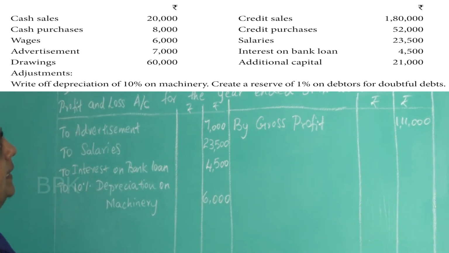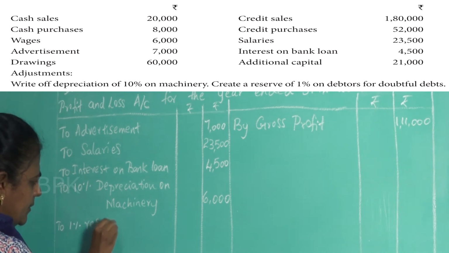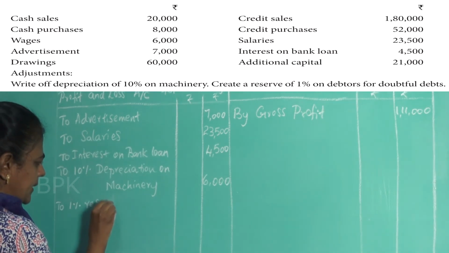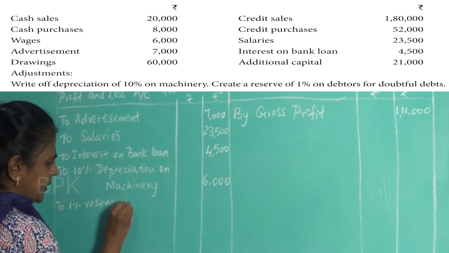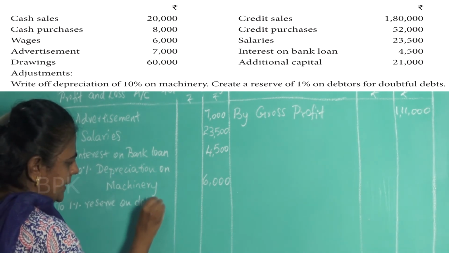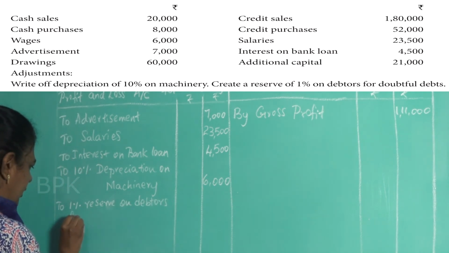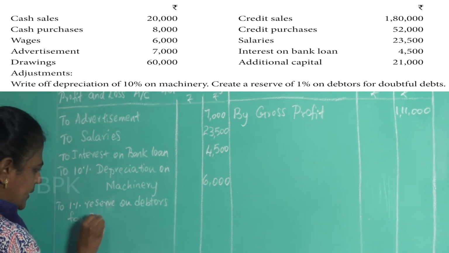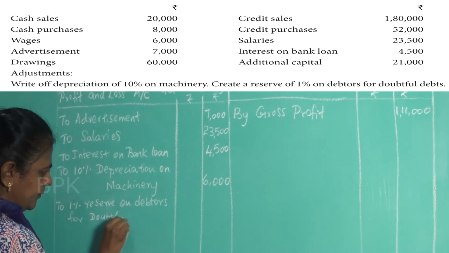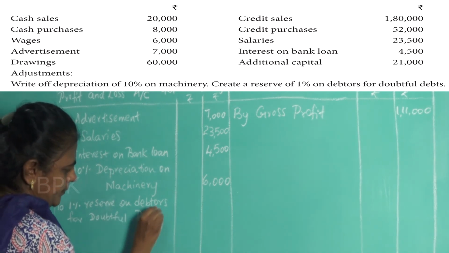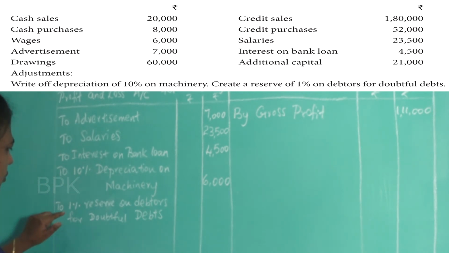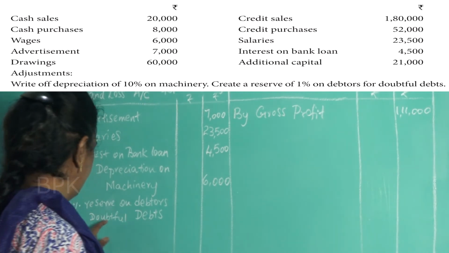And what is the last thing? Reserve for doubtful debts. How much you have to create? Create 1% reserve on debtors for doubtful debts.